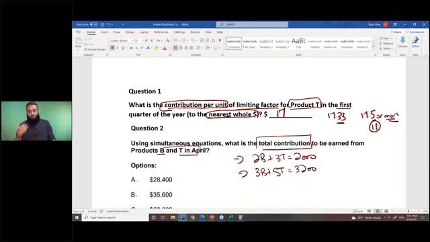I've decided to eliminate T from both equations. So 5 and 3 are the figures I will use and multiply with the opposite equations: 5 with the first equation, and 3 with the second equation.